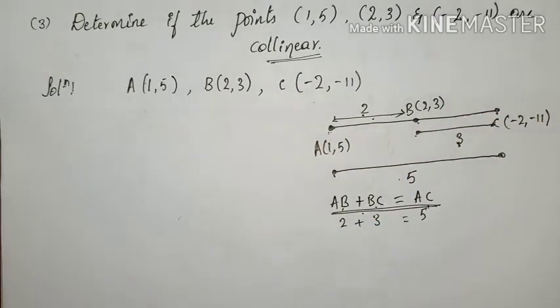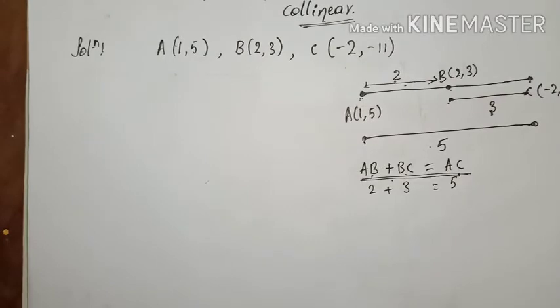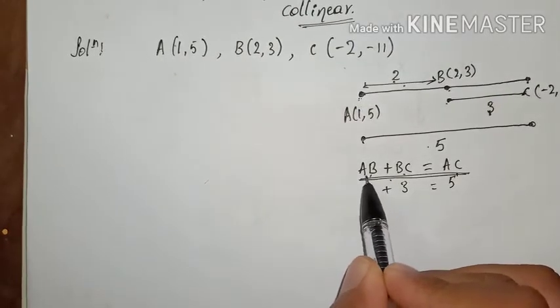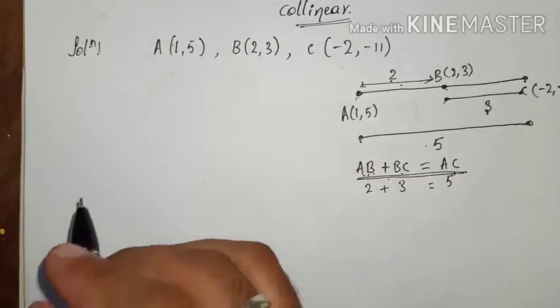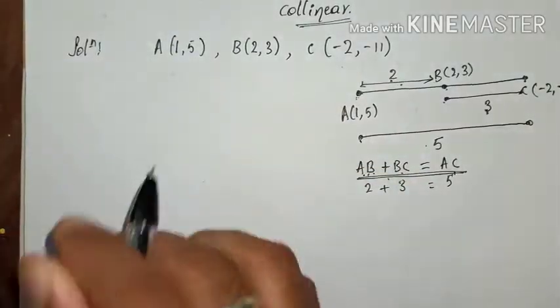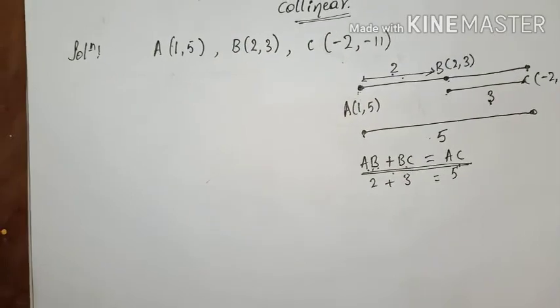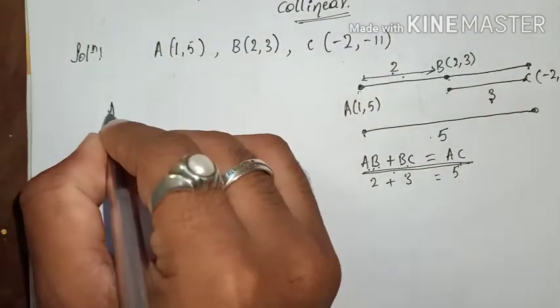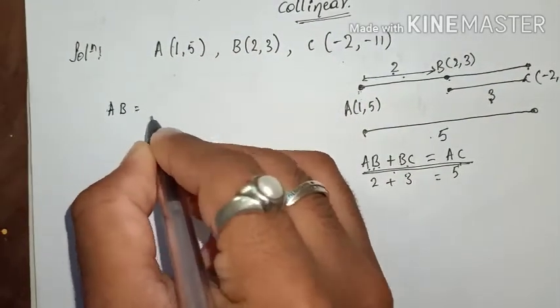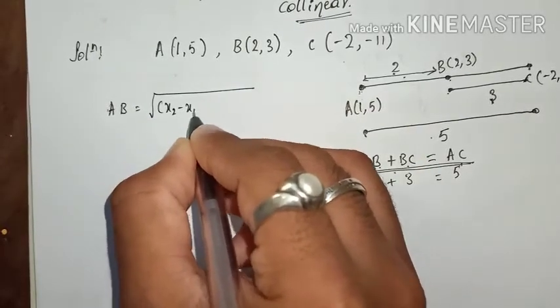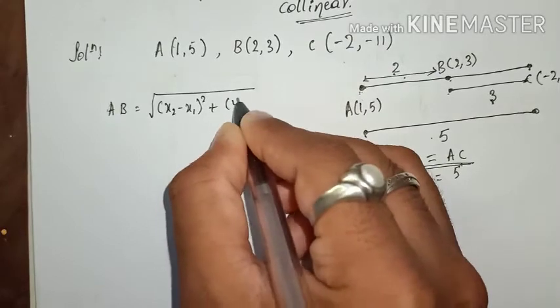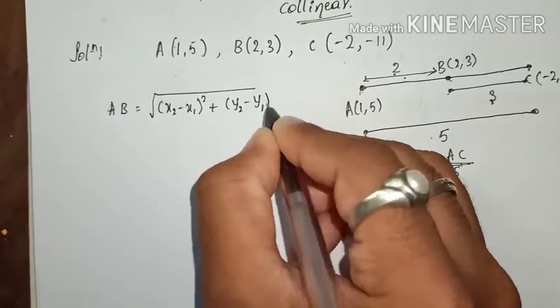Is it clear? Yeah, let's go to solve, because we know the distance formula to find the distance between any 2 points. Okay, let me take AB first. AB is the square root of (x2 minus x1) whole square plus (y2 minus y1) whole square.